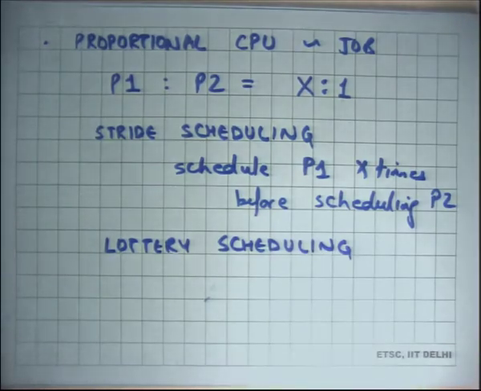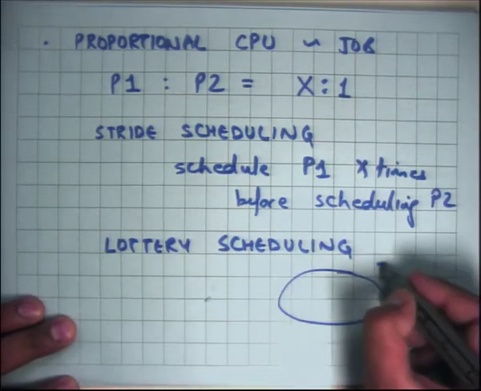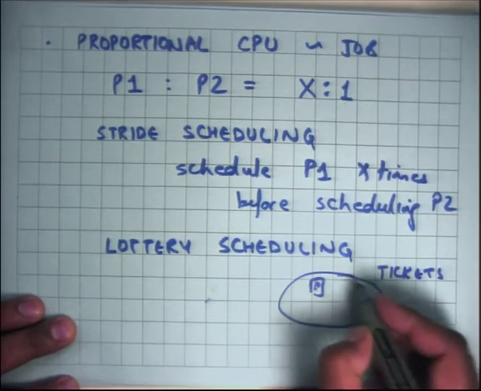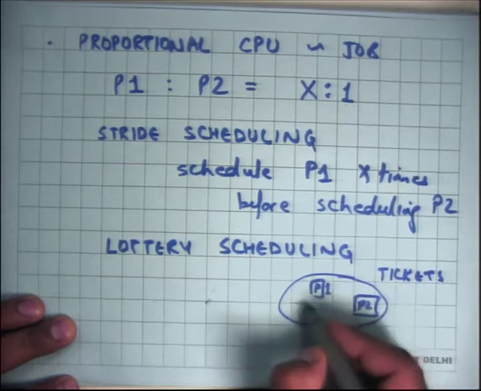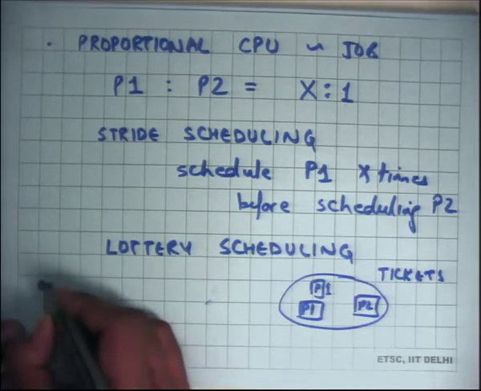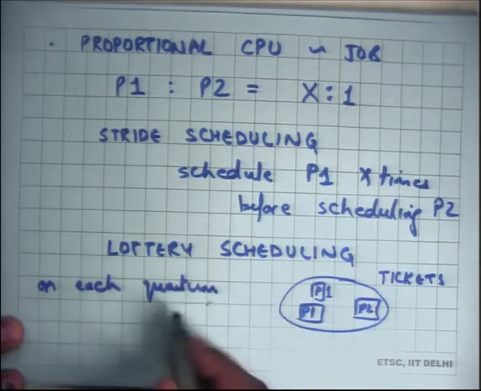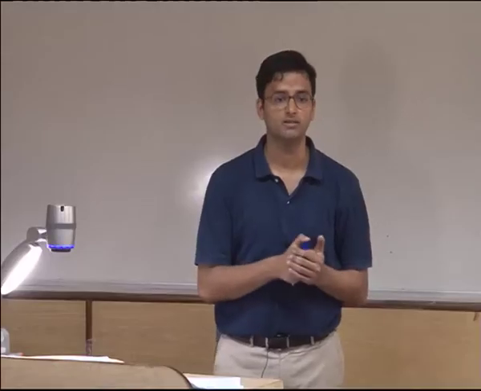Okay, and lottery scheduling basically is a probabilistic algorithm where you say that you have a pool of tickets, lottery tickets, and each ticket has a label which is, let's say, P1, P2, P1, and so on, and on each quantum the OS draws one ticket at random from this pool, and depending on whose ticket it is, that's the CPU that gets to run, right?